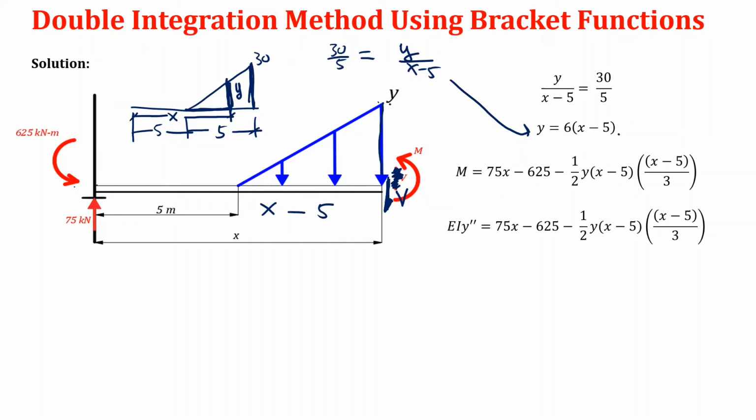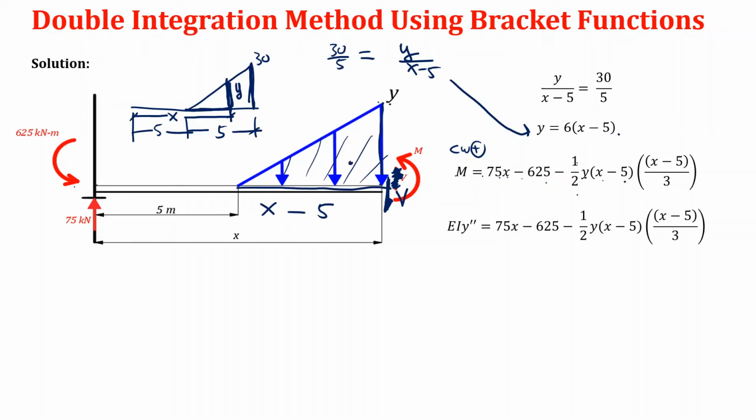Okay. Once we have y, we can take moment about the cut, say clockwise positive. So, the moment equation is equal to 75 times x minus 625. And then, for the triangle, 1/2 times y, and then its length is x minus 5.